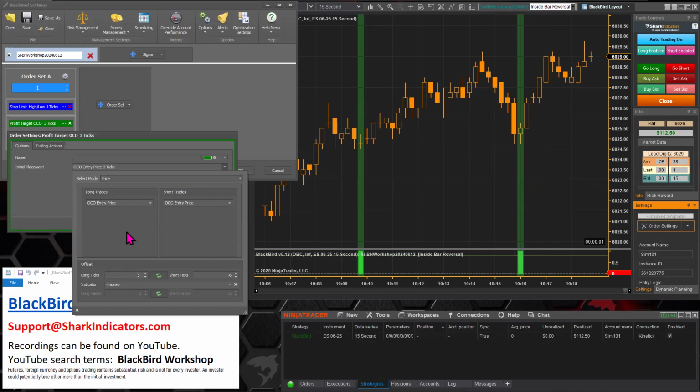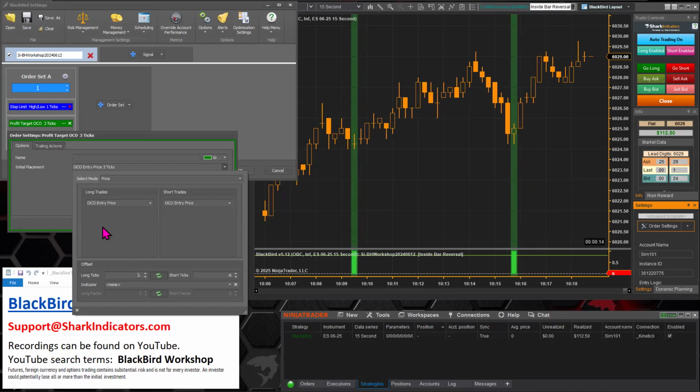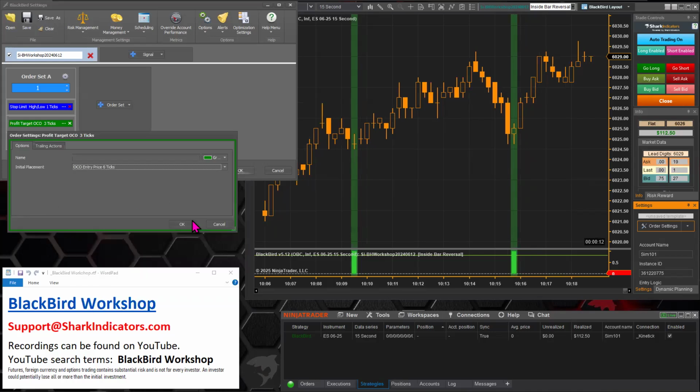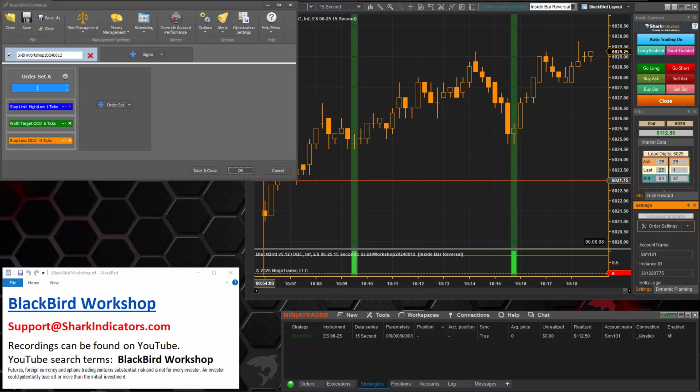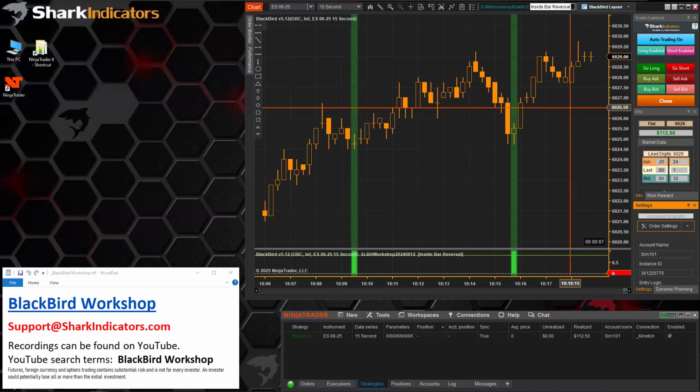So when you put something in, you can go in and adjust at any time, right? So I just adjusted it to a 6-tick profit target. Click OK, and when the next signal comes in, Blackbird's going to be using a 6-tick profit target now.